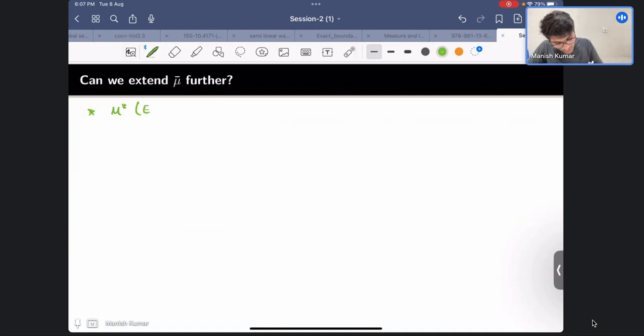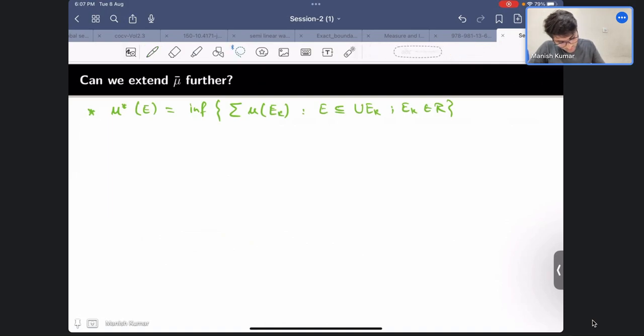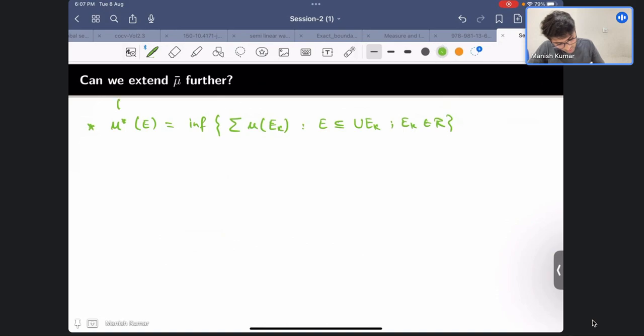So mu star of E was nothing but the infimum of the summation of mu of E_k, such that E is contained in the union of E_k, where E_k was in R. So this is R with mu, known to you, and this is how you define this outer measure.